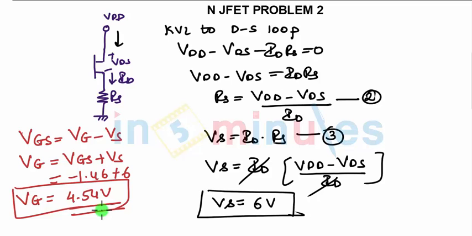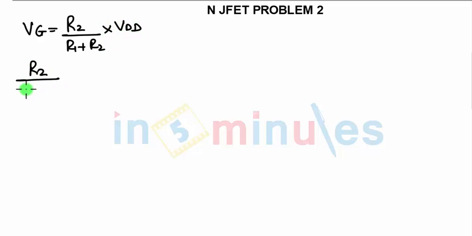So once you know Vg, we can have the equation Vg equals R2 upon R1 plus R2 into VDD. So this will give you R2 upon R1 plus R2 as Vg upon VDD, right? So Vg is 4.54 and VDD is 12.